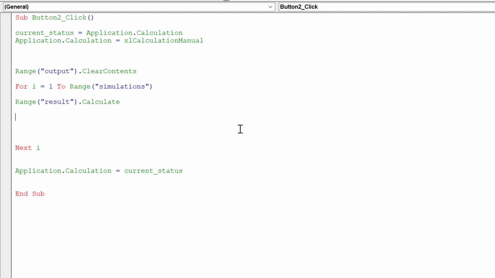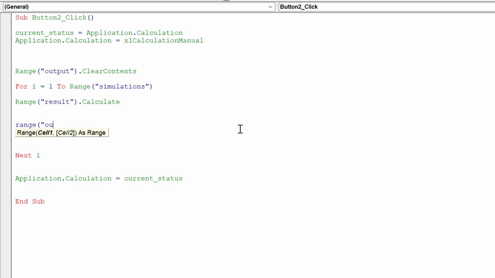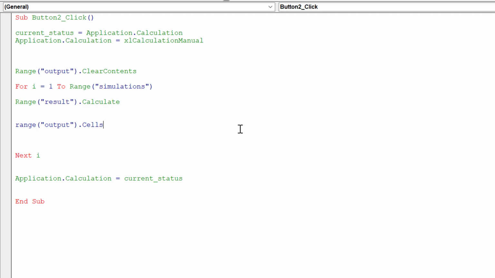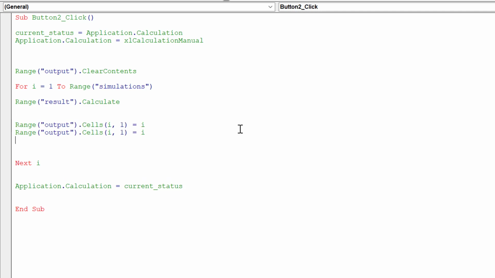And finally, up here, we'll put range output.cells. We'll put I for the row, and for the column we'll put equals I. That's just going to be our simulation.